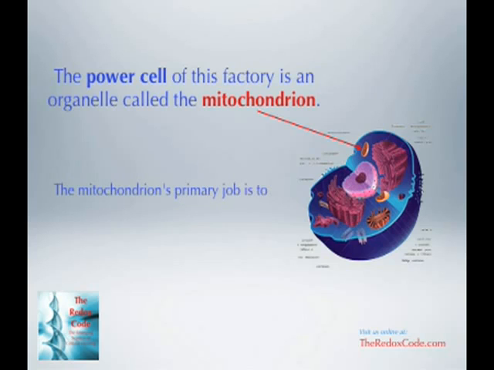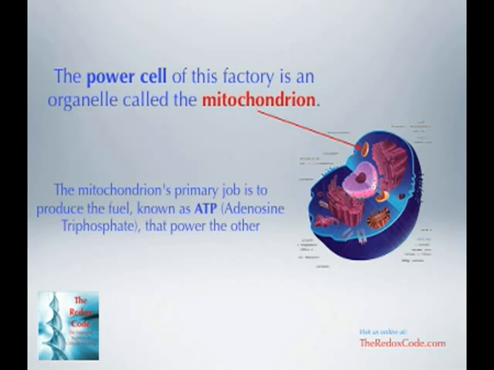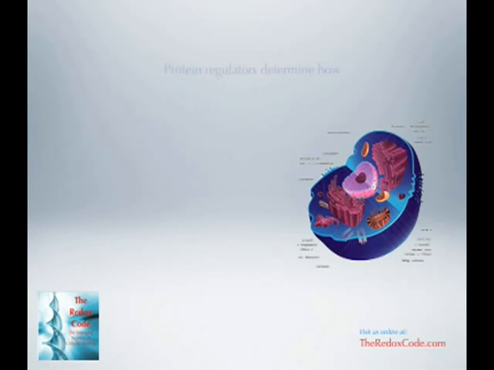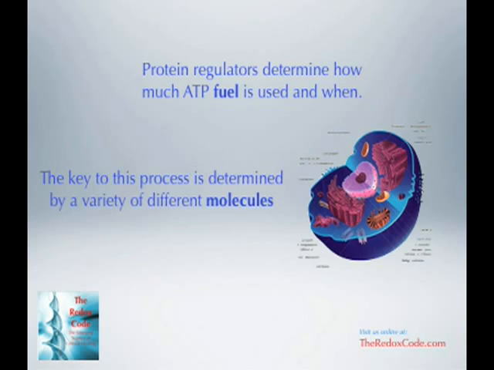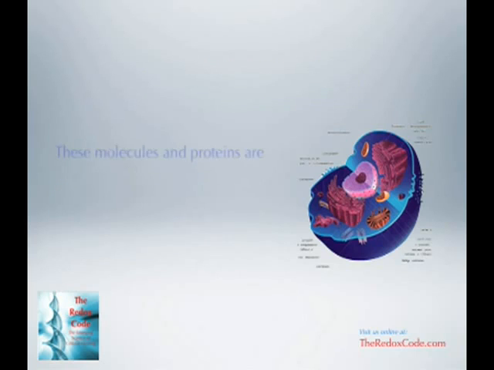And the mitochondrion's primary job is to produce the fuel known as ATP, that's adenosine triphosphate, that powers the other microscopic machines inside your cells. And protein regulators determine how much ATP fuel is used and when. Now, the key to this process is determined by a variety of different molecules, both inside and surrounding the cell.